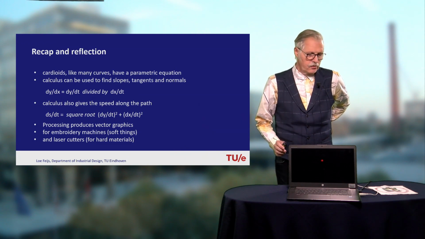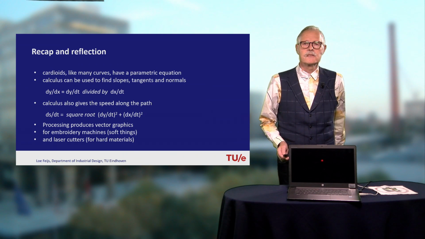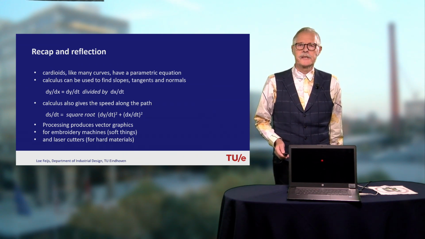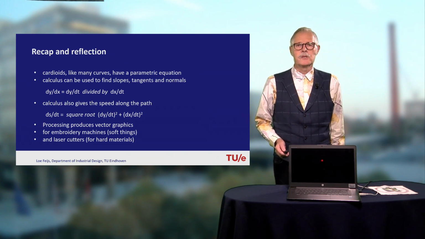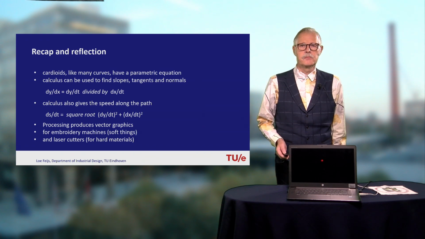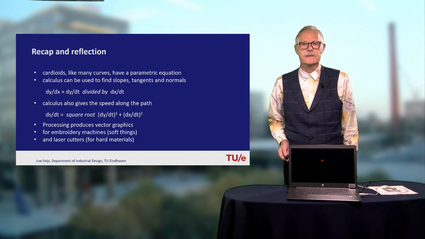So, before showing you the final demo, the recap and the reflection. Like many of those curves, you should be looking for the parametric equation. Calculus comes in handy here because now we can find slopes, tangents and normals. For example, if we calculate dy divided by dx, we can take the derivative dy/dt and divide that by dx/dt.